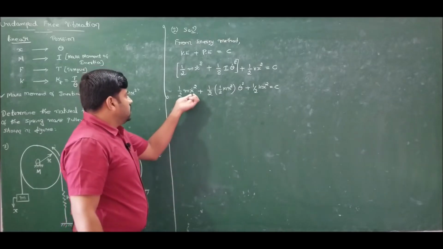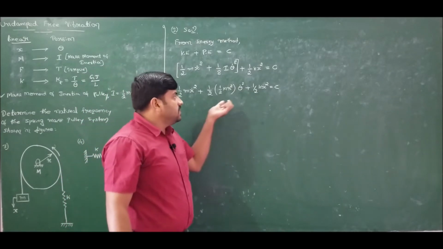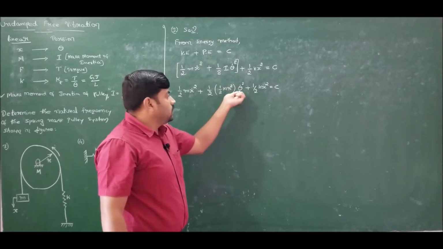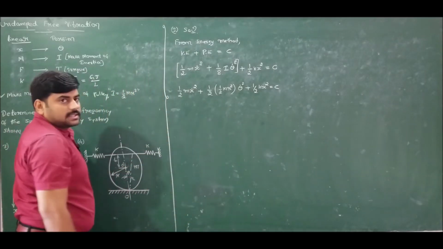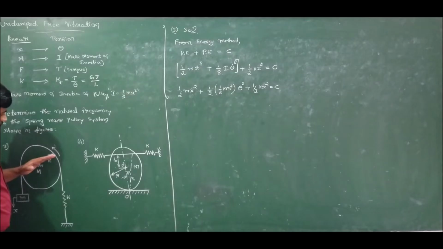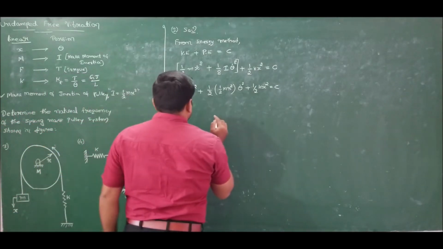Now we have linear velocity and we have angular velocity. Simplification is tedious, so let me convert this linear velocity into angular velocity itself. Now what is the value of x? If the pulley traces an angle of theta, then what is the equivalent linear displacement? It is nothing but the length of this sector, so s is equal to r theta.